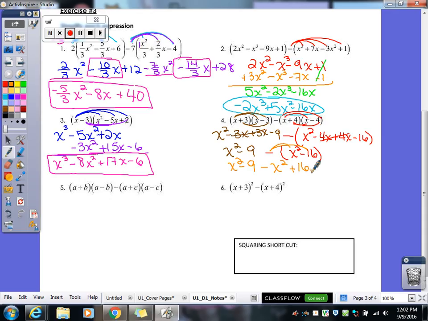What happens with our x squares? Cancels. So then negative 9 plus 16. Anyone? Negative 9 plus 16? No, that's what I would say. It's not actually 5. 7. I made that mistake yesterday.